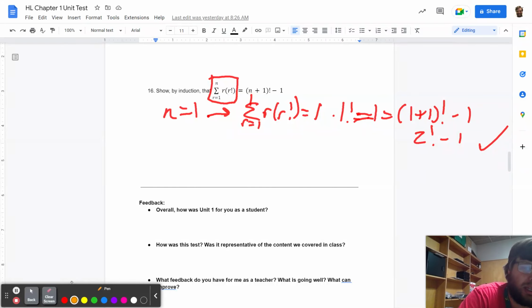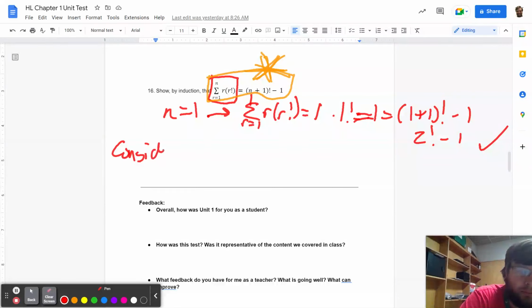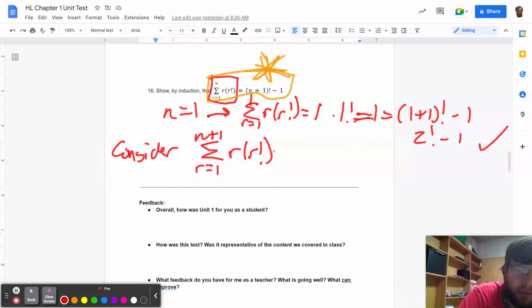And then we're going to do the same thing. I'm not going to write it out, but I want you to write it out on the test. I'm going to assume star is true. Pretty star. So then I'm going to consider the n plus 1th term, r equals 1 to n plus 1 of r times r factorial.